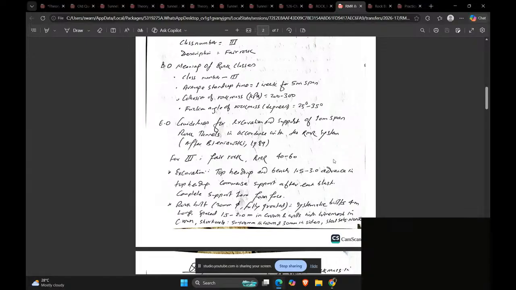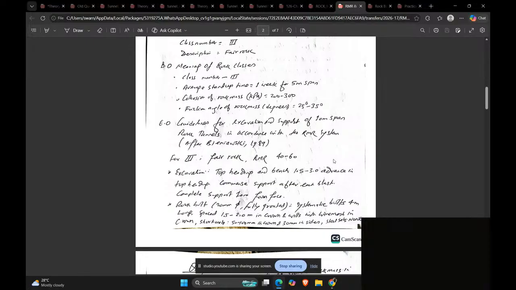And 50 mm in the crown, then 100 to 50 mm in crown, 30 mm in the shotcrete wall, sides. Then shotcrete, 100 to 150 mm in crown and 100 mm in sides. Light ribs with 1.5 meter spacings, light ribs with 0.75 meter spacings, medium to heavy ribs, light to medium ribs with 1.5 meter spacings, require steel sets.